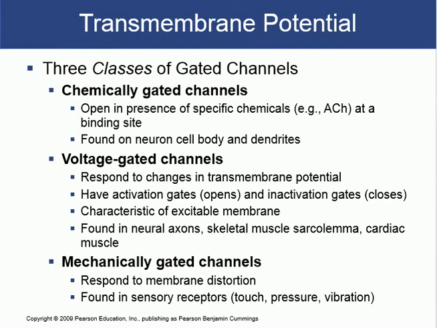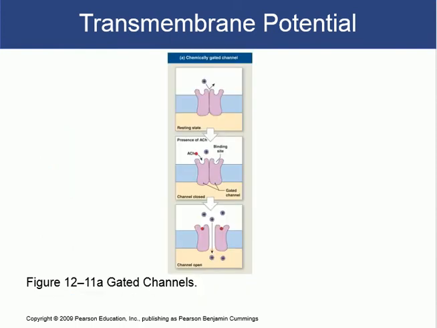So if you touch something, you're going to distort the shape of the receptors, and this will open the channels and create electricity. So we have chemically gated, voltage gated, mechanically gated. Chemically, by a chemical compound, a neurotransmitter, a specific chemical like acetylcholine. Voltage, electricity, action potential. Mechanically, distortion of the shape.